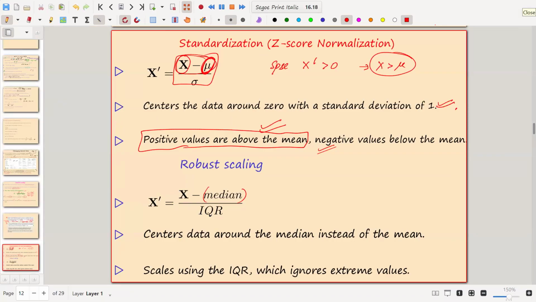It is known as robust because the median is a better central tendency measure than the mean for skewed data, left skewed or right skewed, any skewed data you take.